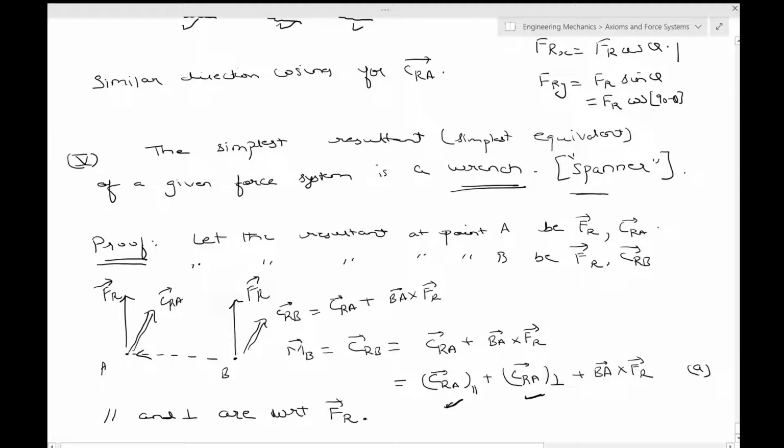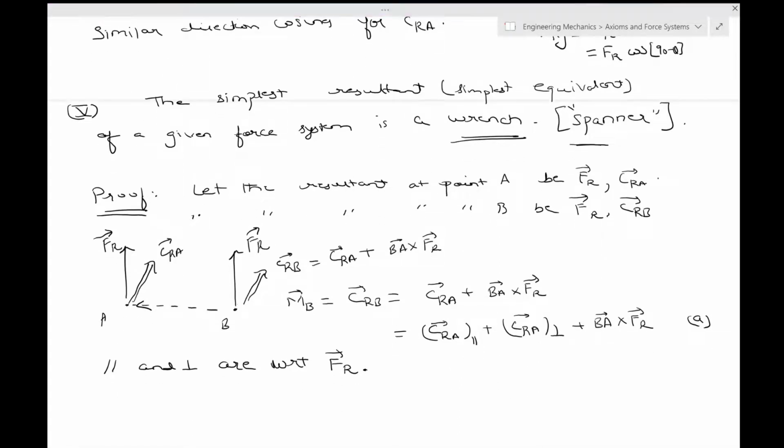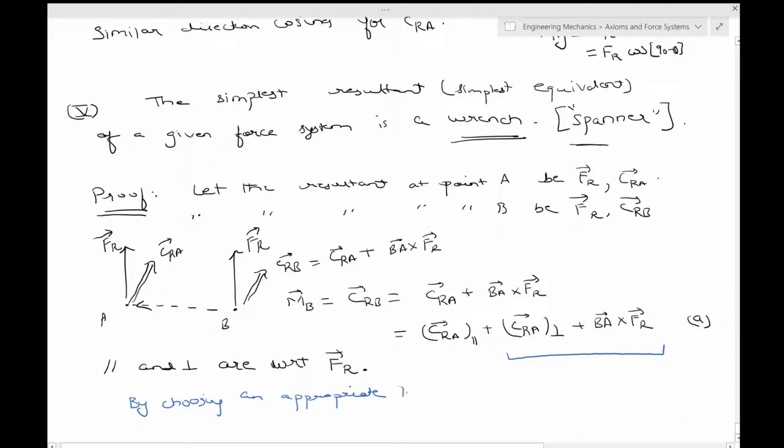Now if you look at equation A over here, you can try to cancel these terms by choosing an appropriate B. By choosing an appropriate B, the last two terms on the RHS of equation A can cancel.